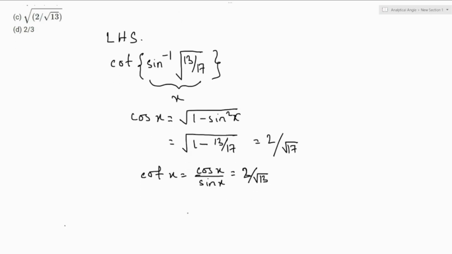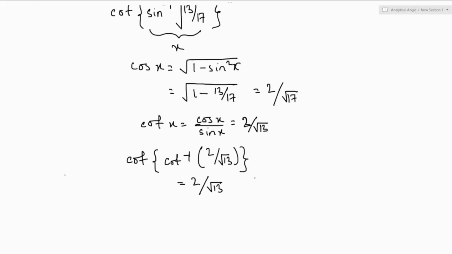Now what did we get finally? So cot of cot inverse 2 by root 13 makes this just a simple value, 2 by root 13.